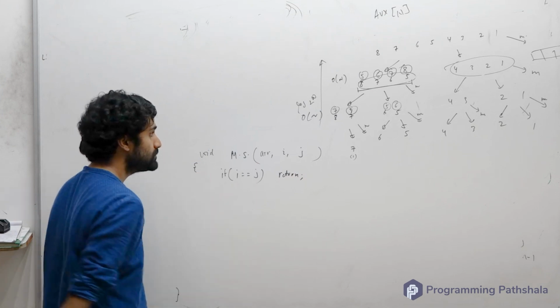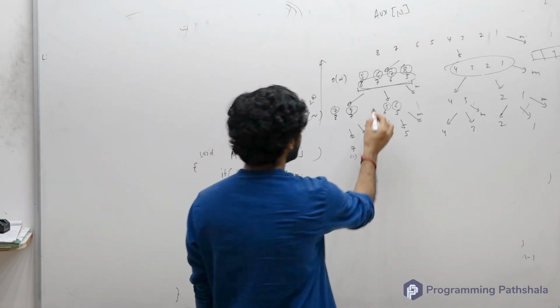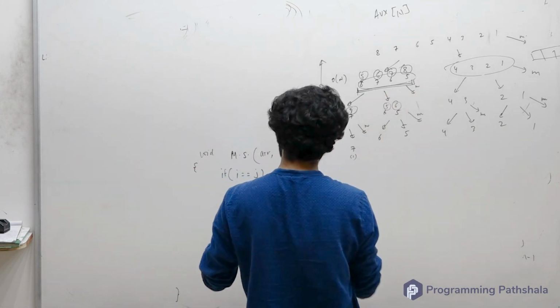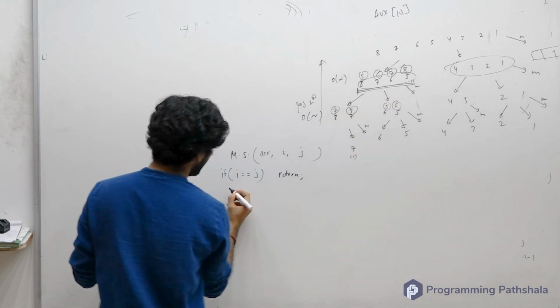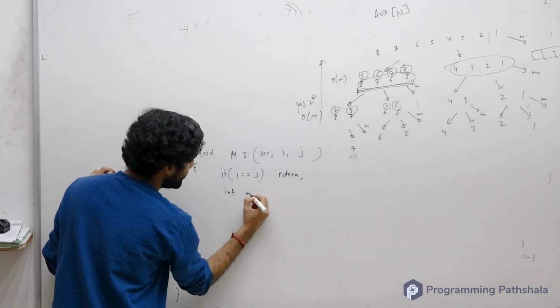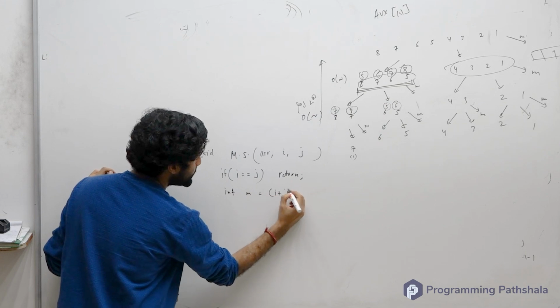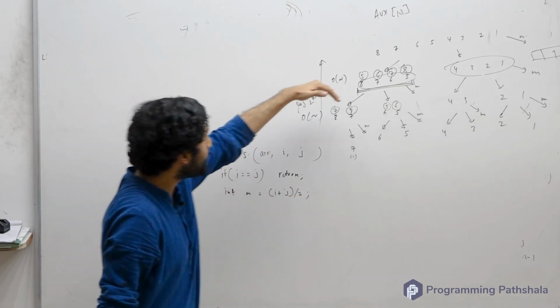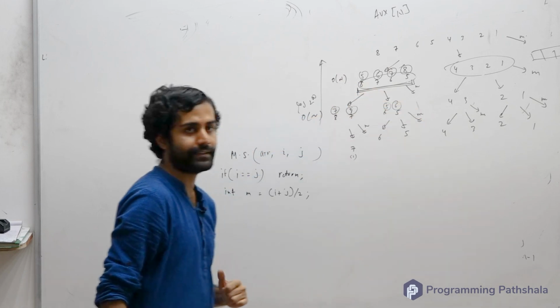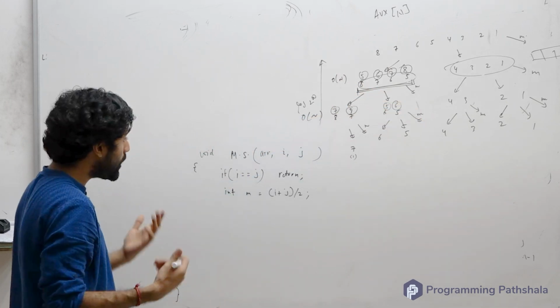Otherwise, what will you do? For any other case, you would want to break. To break, you would want to find the mid. So int m equals (i plus j) upon 2, right? Now once you have mid, you can partition it into left and right arrays.